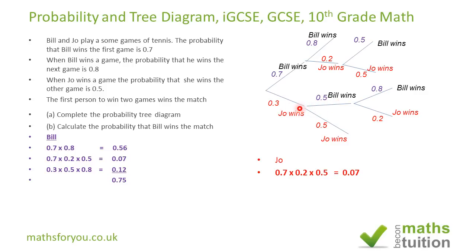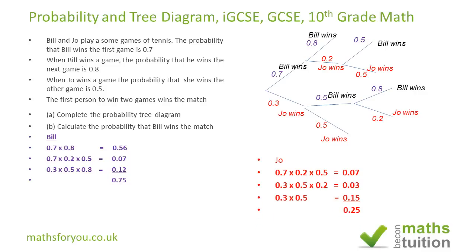So that's 0.3 times 0.5 times 0.2, and that gives 0.03. Or Joe can win the first game and the second game, and the probability of that happening will be 0.3 times 0.5, which is 0.15.